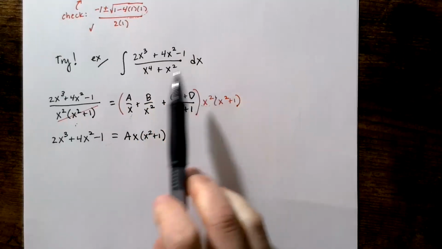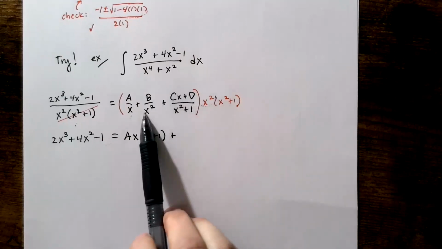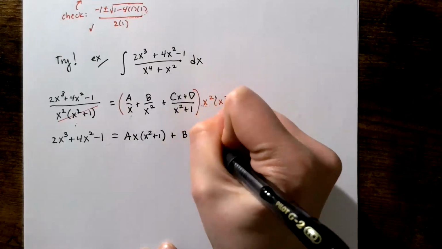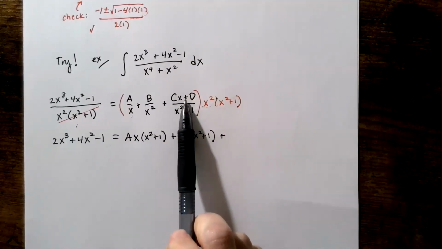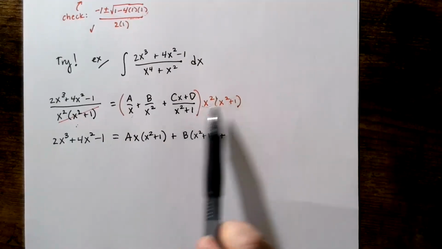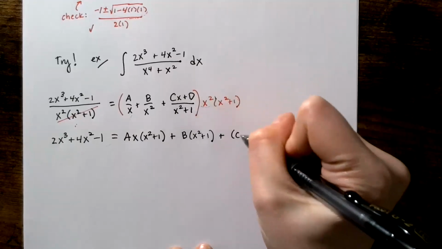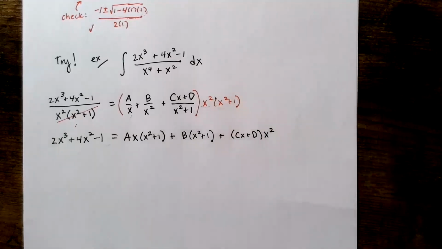And then if I distribute it into this one, the x squareds perfectly cancel. So now all that's left with the b is the x squared plus 1. And then finally, the cx plus d, x squared plus 1's cancel, so the x squared is left. So I have cx plus d times that x squared.